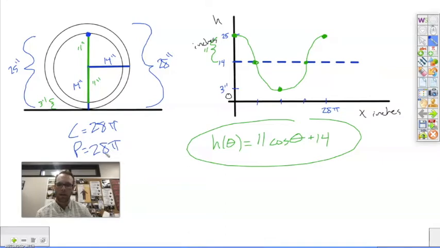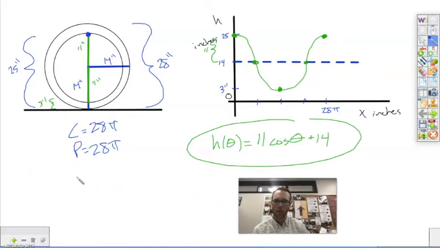Now, if we have a different period other than 2 pi, we know that's going to change this. So how do we find that? Well, we know that the period is 2 pi over the absolute value of b, but we're not doing anything with reflection, so it's 2 pi over b. So we're going to set 28 pi equal to 2 pi over b.